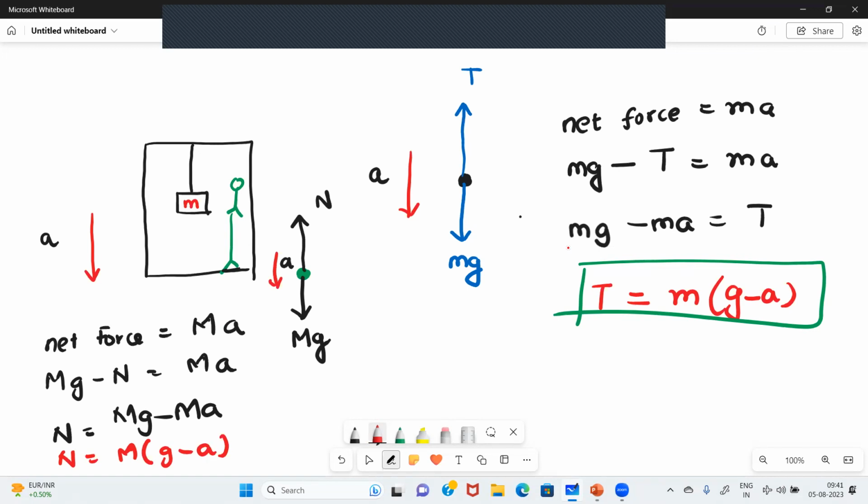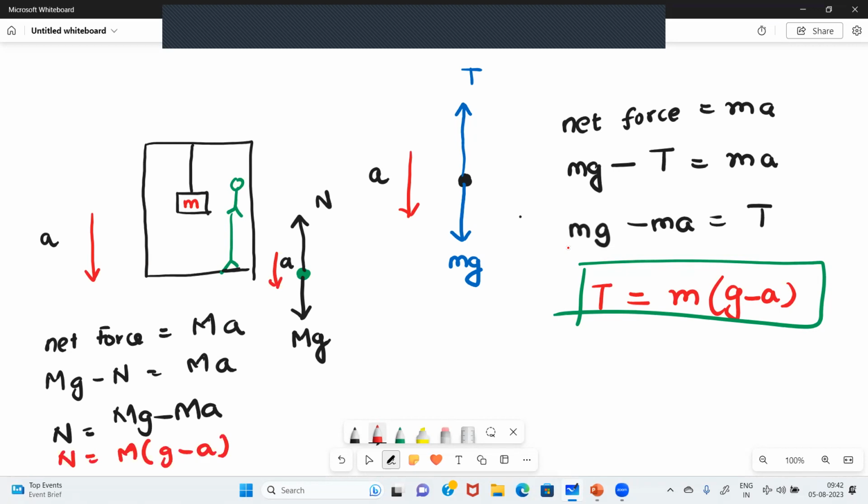Whenever a lift is going down with an acceleration a, a person inside the lift feels his weight to be less or more. Why? Because he only feels normal reaction. Because it is G minus a, it is not mg. His actual weight is mg. But how much is he feeling? M into G minus a, less than that. Therefore, when the lift is accelerating down, he feels less weight.